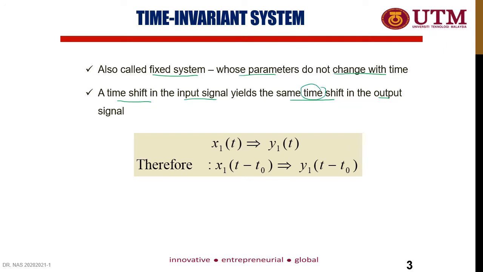So let's look at this general equation. For example, if you have the input as x1(t), it will produce y1(t), but when there's a delay or a shift in time by t0, the output will also be shifted by the same t0.